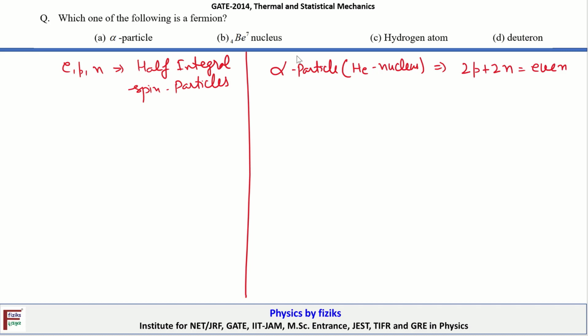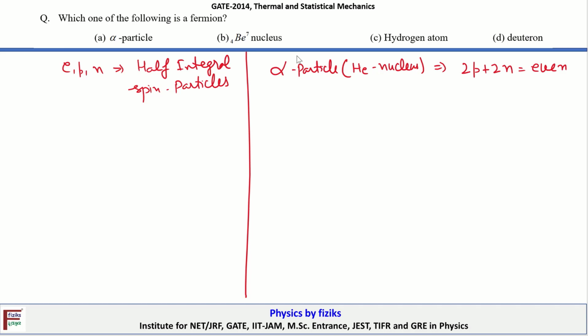So when they are present in an even number, their net spin will come out to be an integer. But when they are present in an odd number, the sum of the spins will be a half integer. So accordingly we can classify them as a fermion or boson.